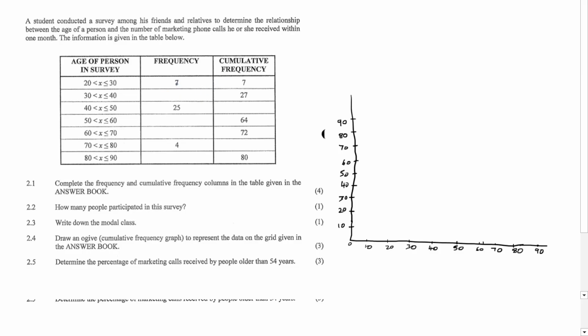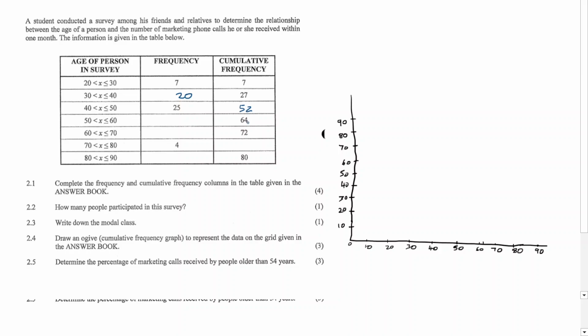The first frequency is 7. Then it's jumped to a cumulative of 27, so there must have been 20 more people added. Then another 25 were added to the cumulative frequency, which takes us to 52.